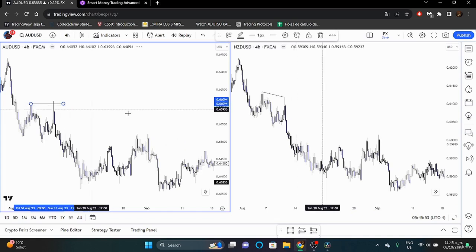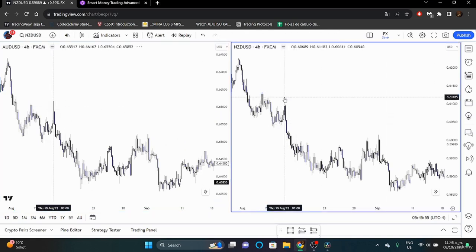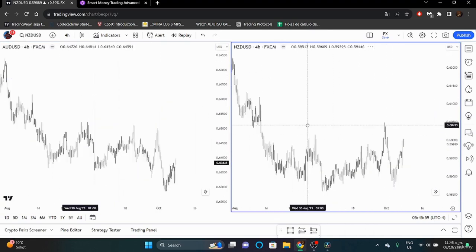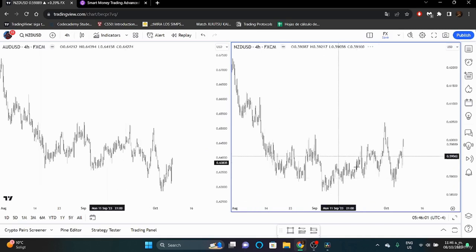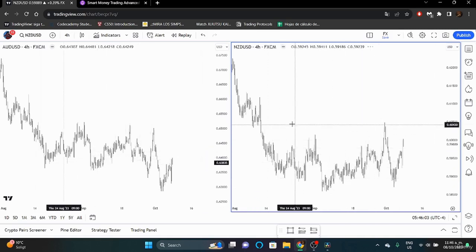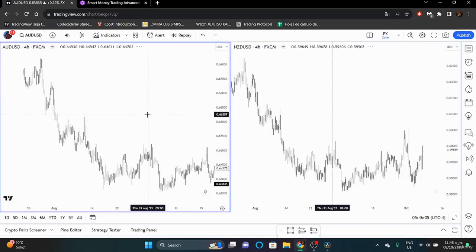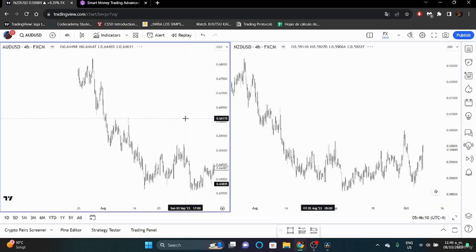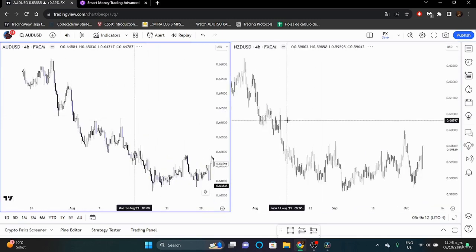Right here it was the leadership. As you can see, it recently changed to the SIG pair being NZD and the leadership pair being AUD, but before, look at the price action. NZD was the leadership pair and AUD was the SIG pair.